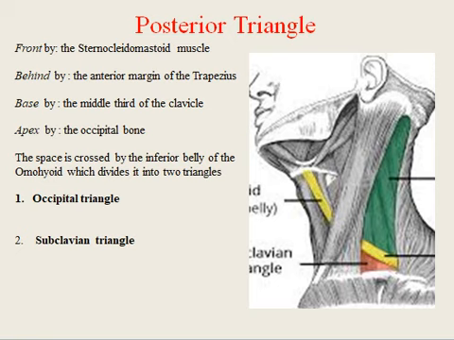This space is crossed by the inferior belly of the omohyoid muscle at about 2.5 cm above the clavicle and divided into two triangles: number one is the occipital triangle and number two is the subclavian triangle.